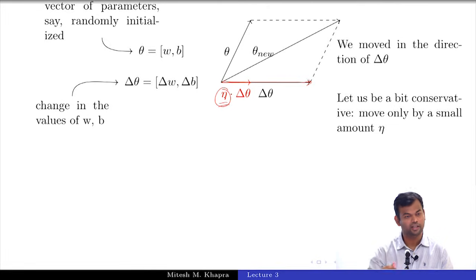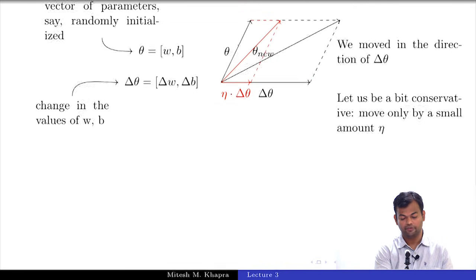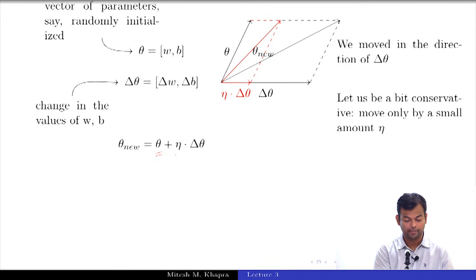So eta is a scalar which actually scales down delta theta. Okay. So now if I'm going to take only a small step in that direction, instead of this large change, I'll just get a smaller change, theta nu, right? So the red vector is actually going to be the movement which I make. That's the new value of theta. So theta nu is equal to the original theta plus a small step in the direction of delta theta.